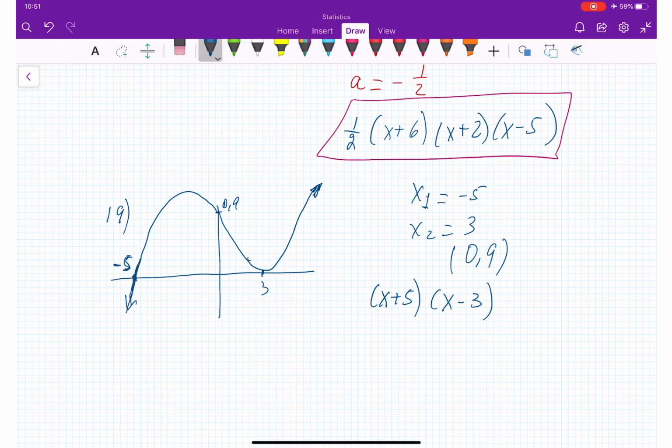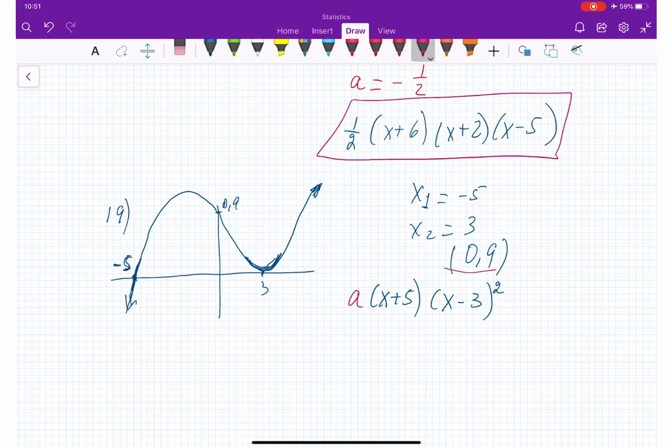But here we are turning around, which means, remember, it has to turn around, so the multiplicity has to be an even number, which is going to be 2 here. Correct?